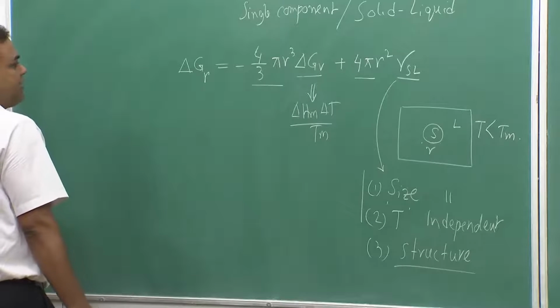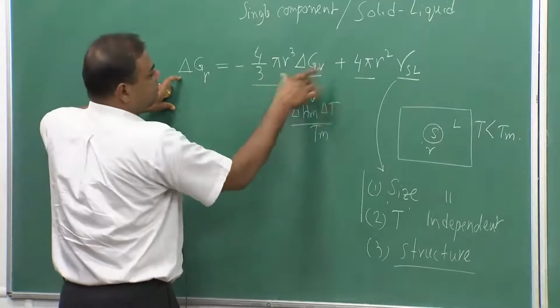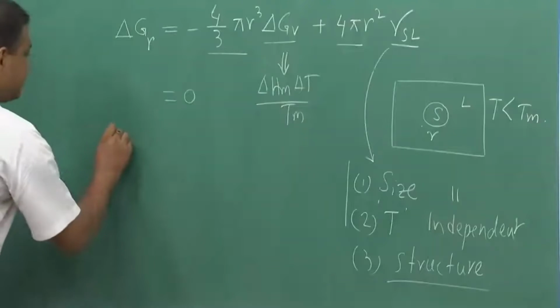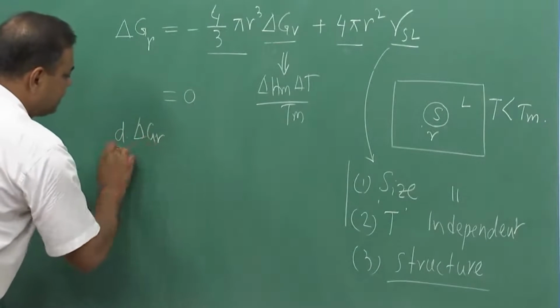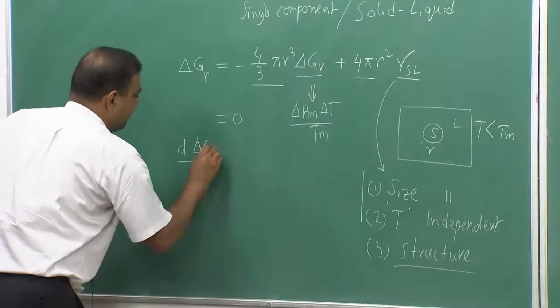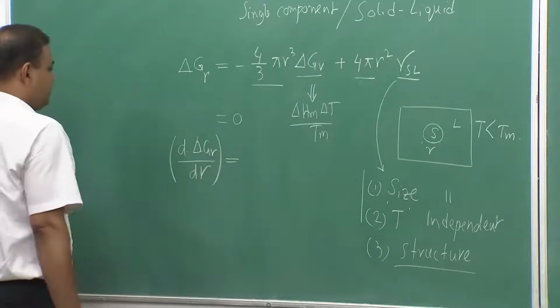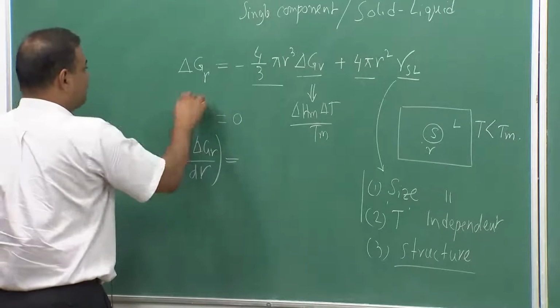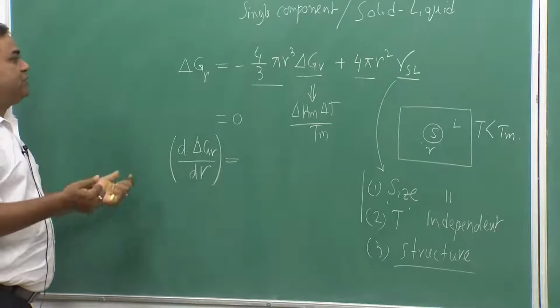Now, in this equation, this is a negative term and this is a positive term. So, we can find d del G r by d r, and if we plot this, it gives a critical point of a particular curve.